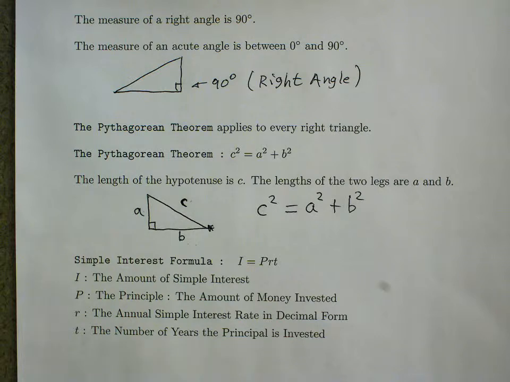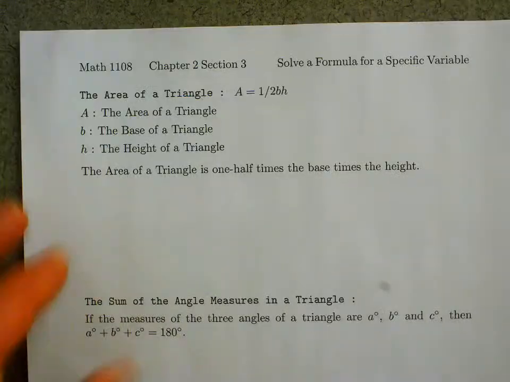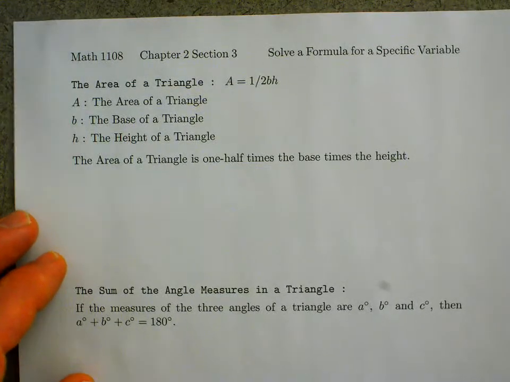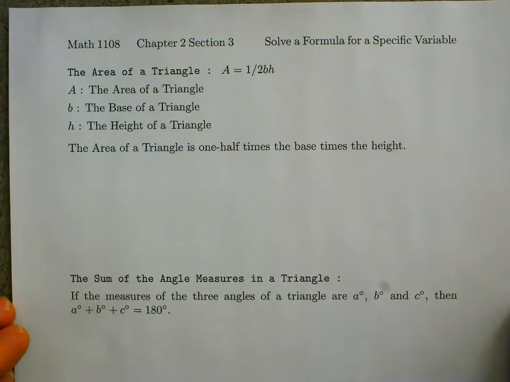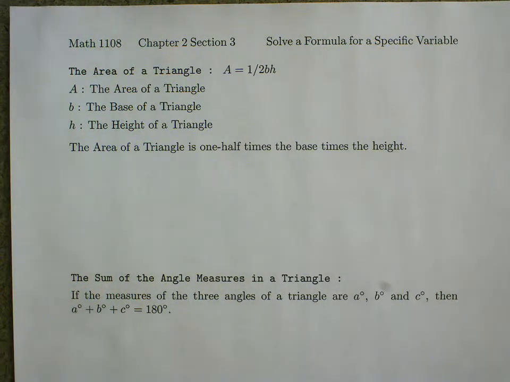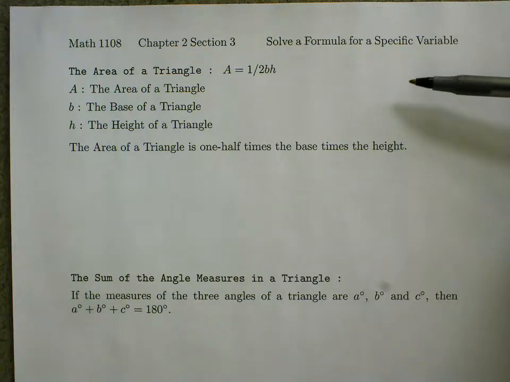Okay, let's look at some more formulas. We'll do several examples in a few minutes. Okay, the area of a triangle. The formula we use is capital A equals 1/2 times B times H. In this formula, capital A represents the area of a triangle, which is measured in square units.